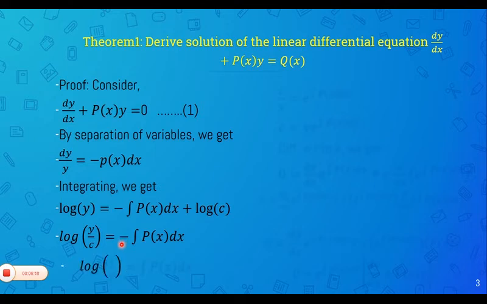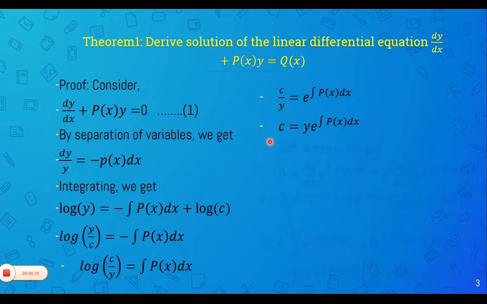So log of c upon y is equal to integration p dx. Now eliminate the log from the left hand side. Therefore c upon y is equal to e to the power integration p dx. Therefore the value of c is equal to y into e to the power integration p dx.